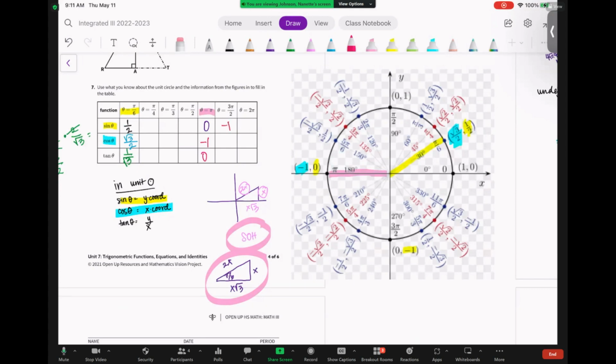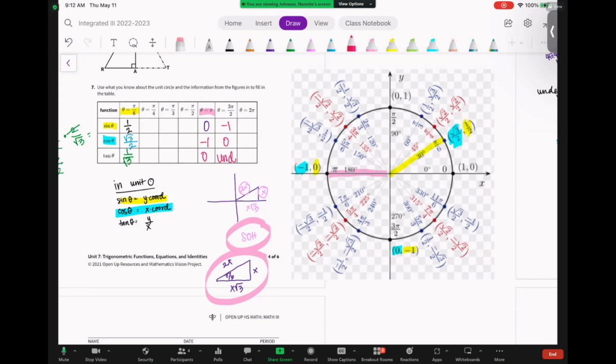Put your x coordinate as your cosine, so that's 0. Then divide -1 by 0. You can't divide by 0, so this is considered undefined. We talked a little bit about the tangent function and when it's undefined: whenever cosine is 0, because that's your denominator, and that makes sense.